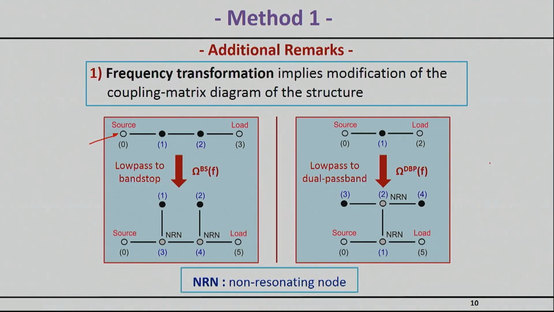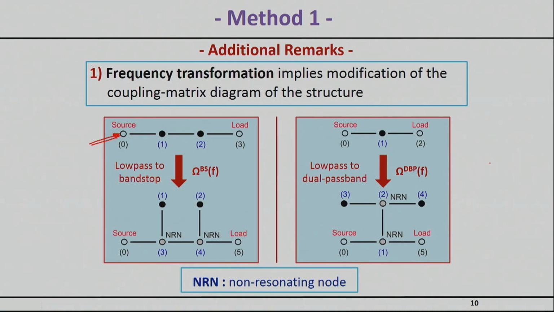When you basically do the frequency transformation, that actually loses its meaning, because the true coupling topology that you will physically implement will not actually look something like this, right? This is essentially a mathematical technique that allows you to get the real response from a synthesized response, but the real filter that you will build will not look like that.